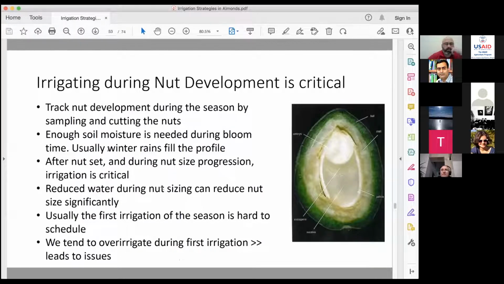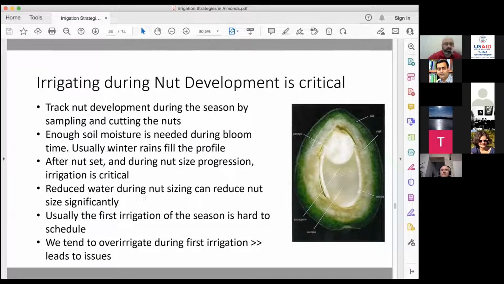The common mistake that a lot of people make is, because they think they have enough water and don't have a water problem, they start irrigating early on without checking soil moisture. When the spring season starts and the temperatures start warming up, they think, okay, we need to start irrigating. That actually leads to over irrigating.